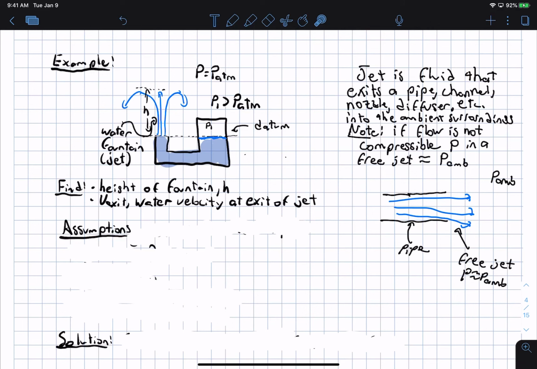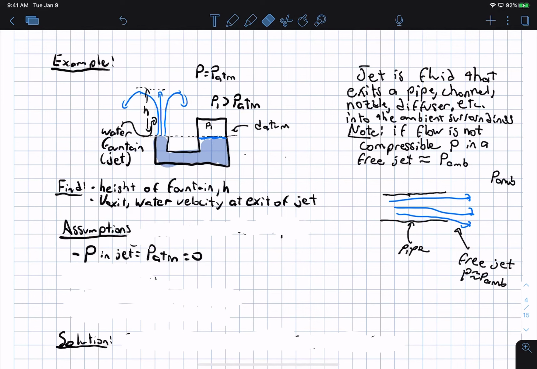Because Bernoulli equation requires a lot of assumptions to use, I do make you list those. So in your homework, you must list the assumptions. That tells me that you actually understand the concepts and you are applying Bernoulli or whatever equation appropriately.